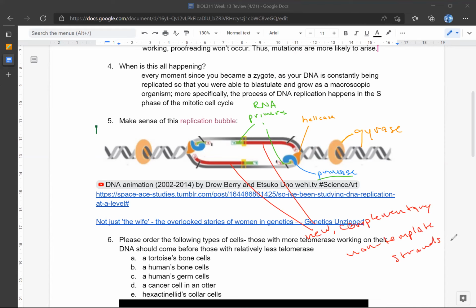There's one last element that I'd like us to discuss. So we have this replication bubble, like I mentioned. Where does it start? How does it get going? Is there maybe a specific point that it starts at?